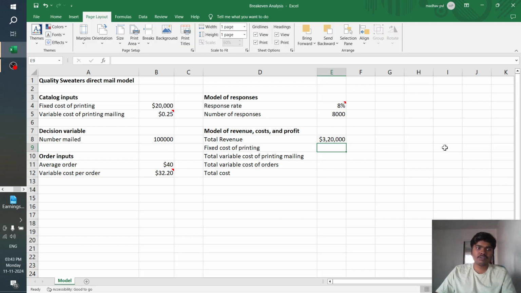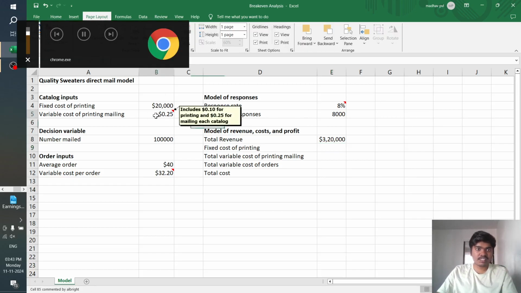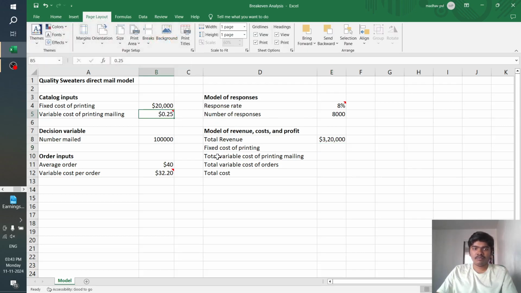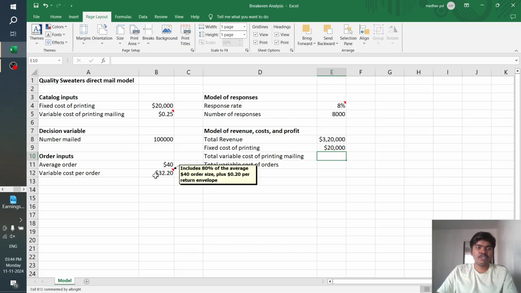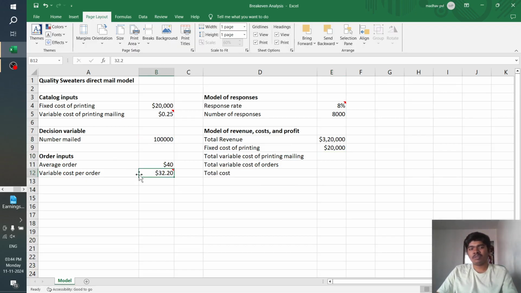Then let us find the fixed cost of printing. This will be the fixed cost of printing, sorry, this one. Let's keep it here. Then the total variable cost of printing and mailing is the variable cost per piece multiplied by the number mailed, which covers the cost of the envelope and the mailing.